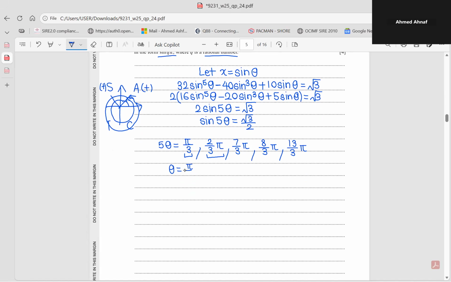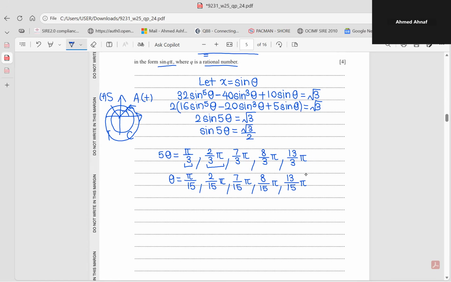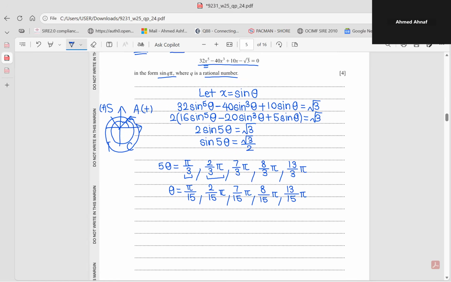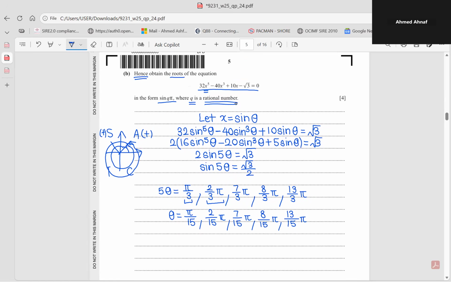Theta is going to be pi over 15 for the first one, 2 over 15 pi, 7 over 15 pi, 8 over 15 pi, and finally 13 over 15 pi. As you can see, all the values of theta, the coefficient of pi is rational. So it fulfills this condition.